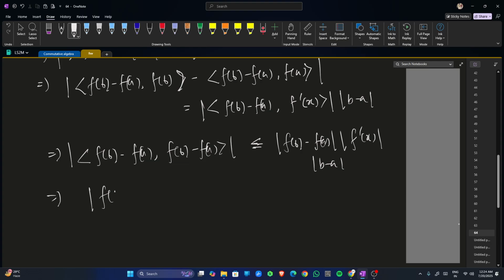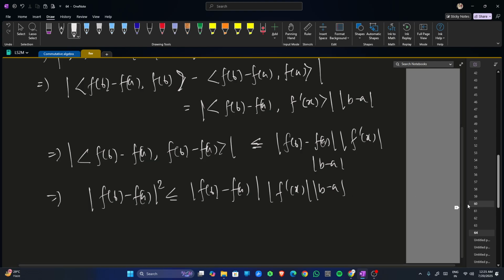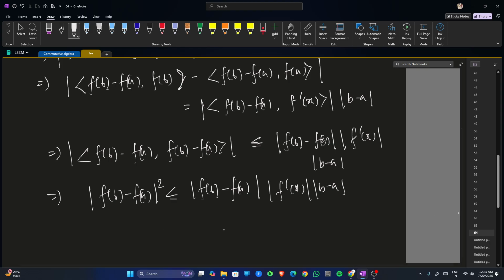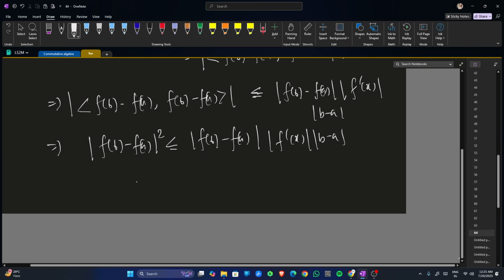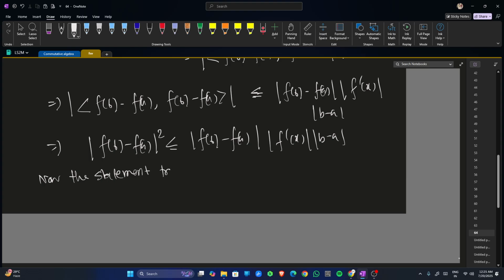Now if f(b) equals f(a), the statement trivially holds.